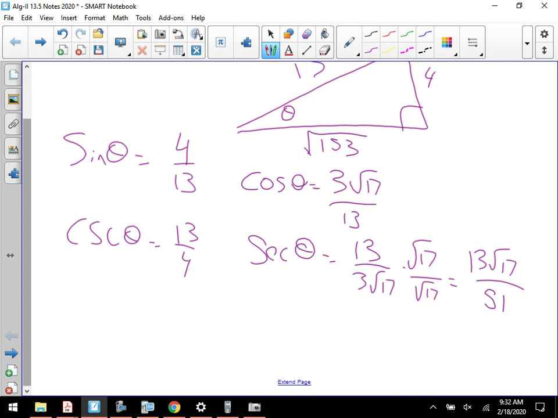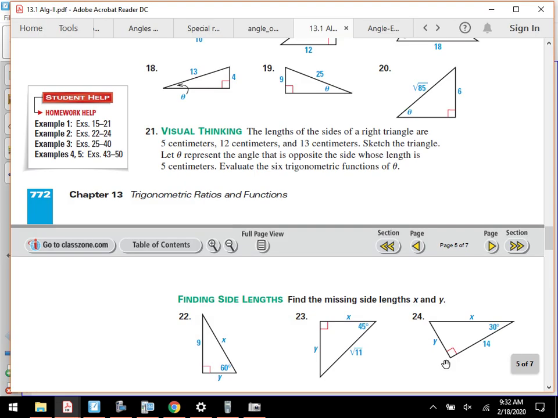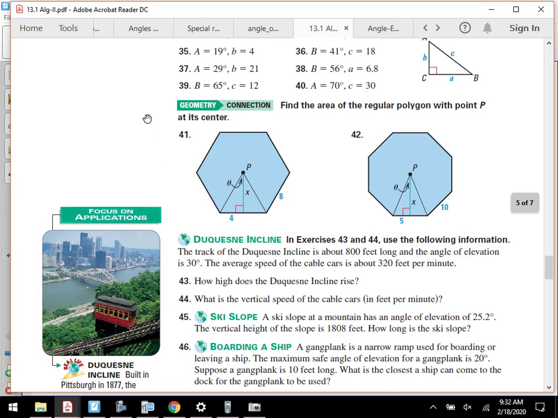Okay. What else did you have on 13.1? Any elevations or solving triangle ones? Are we okay on those? Solving triangles are easy. Those should be pretty quick. Don't worry about 44. I'm not going to ever ask you about vertical speed and stuff like that. I apologize, I forgot the script. It's a little weird to make it go. I'm not really worried about it, so don't worry about it.